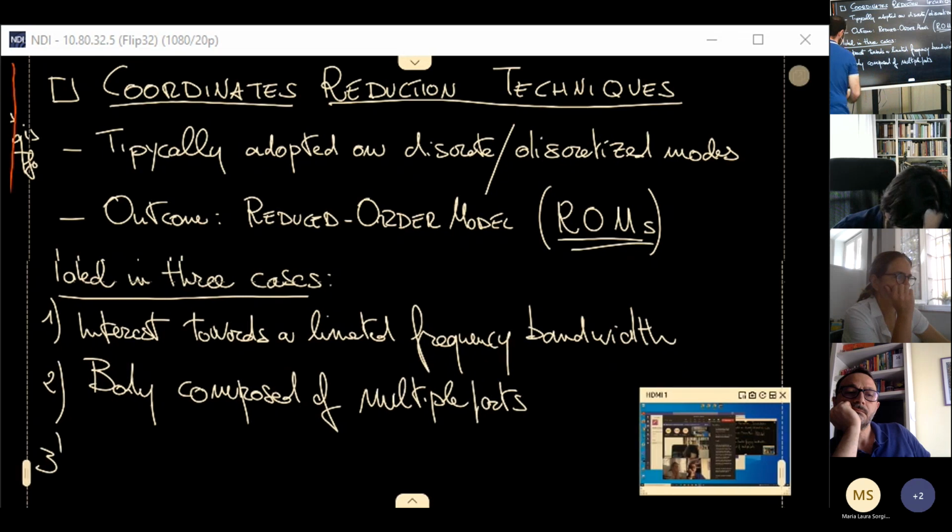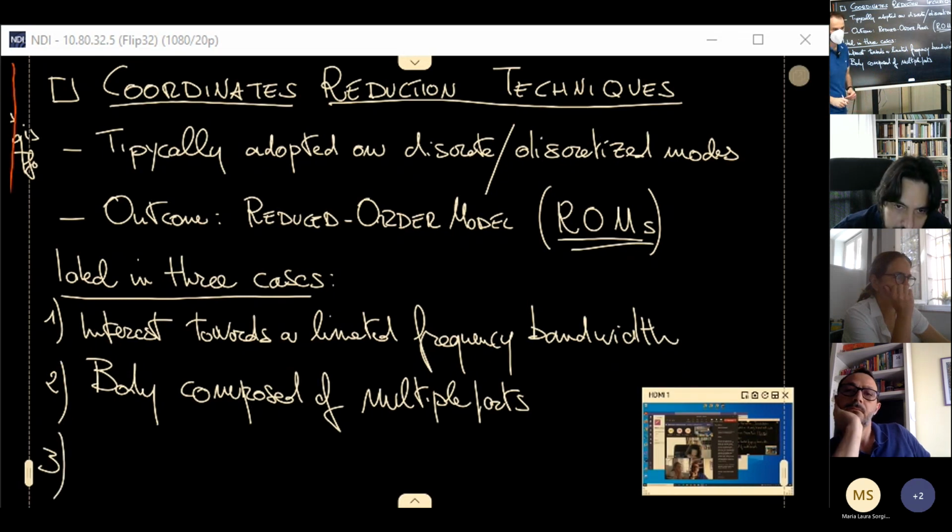And the third case is basically when we have a system composed of multiple bodies. So it's basically a generalization of the second item. In the second item, we have a single body divided into different parts that we want to collapse into smaller models.